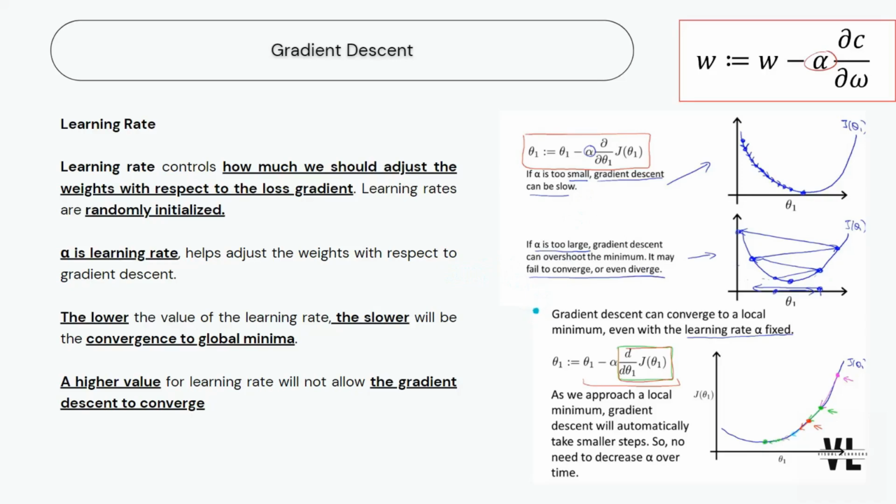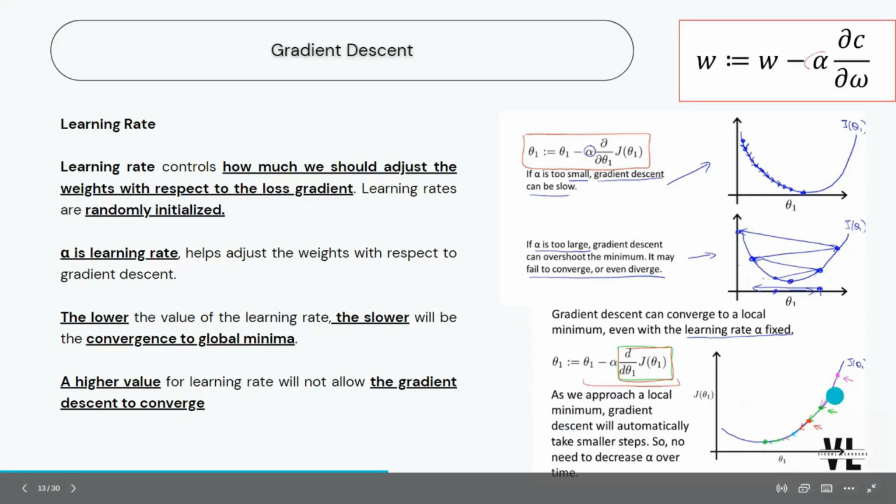And gradient descent can converge to a local minimum even with learning rate alpha being fixed. So even if we fix alpha to a specific number, it means that gradient descent can also converge even if the value of alpha is fixed.